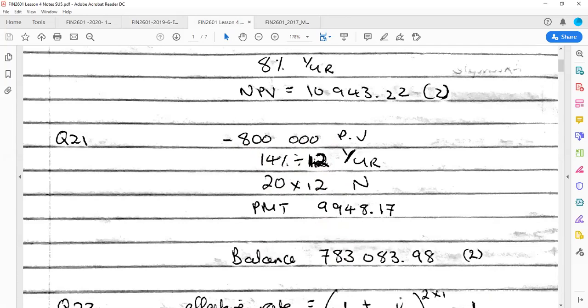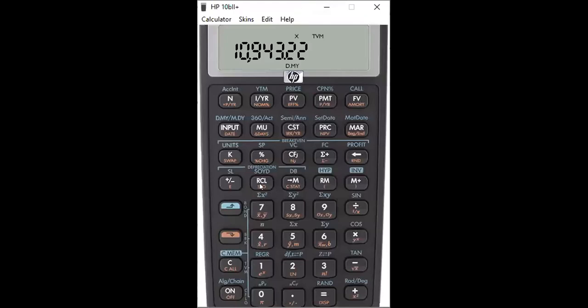Let me illustrate how we would go about that using an HP calculator. We put 800,000 as a negative. That's our PV. 14 divided by 12. That's our interest. 20 by 12. That's our N. And then we calculate PMT.